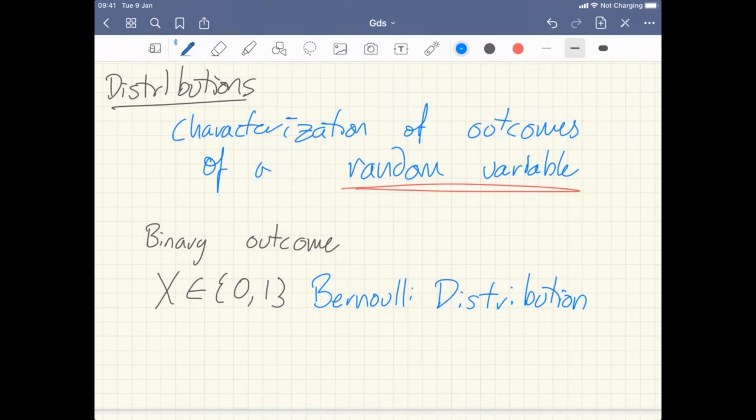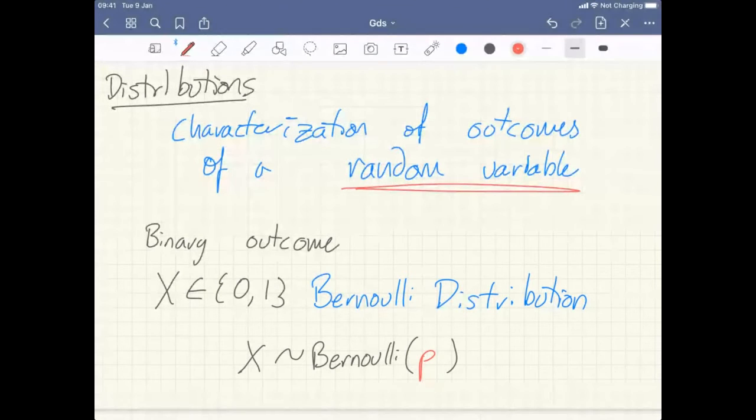And in a Bernoulli distribution, you have one parameter. If x is distributed as a Bernoulli distribution, you'd write x, then this little squiggly, or a tilde, as it's called, and then Bernoulli. The Bernoulli distribution has one parameter, p, which is the probability that x is 1.